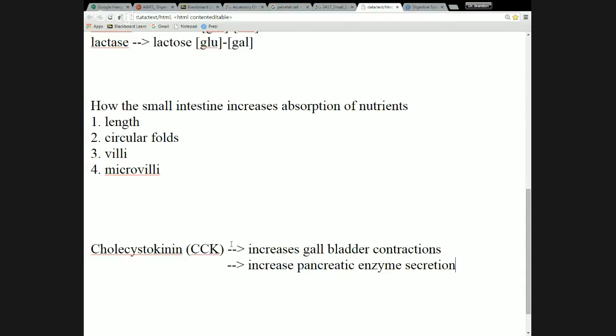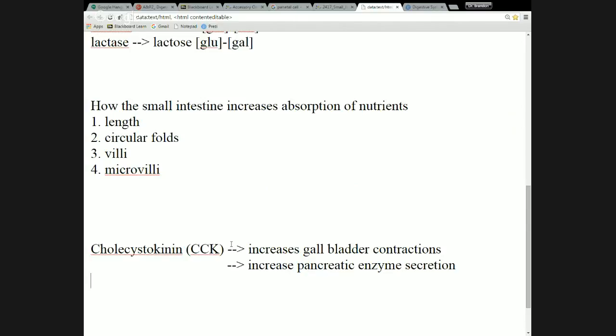And so it wants all of the bile that's been stored up in the gallbladder to be released so that you can emulsify the lipids. And then it wants enzymes from the pancreas to break down those lipids and carbohydrates and proteins in that food.